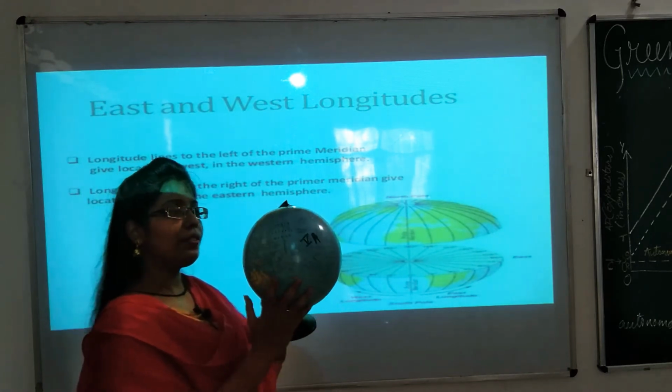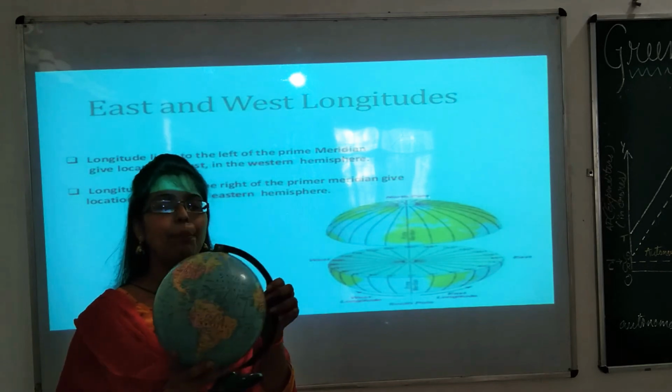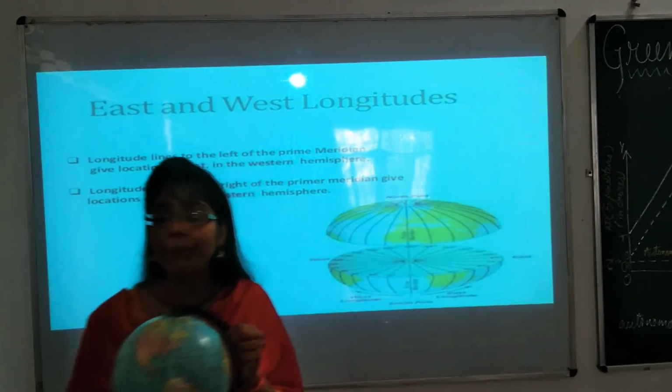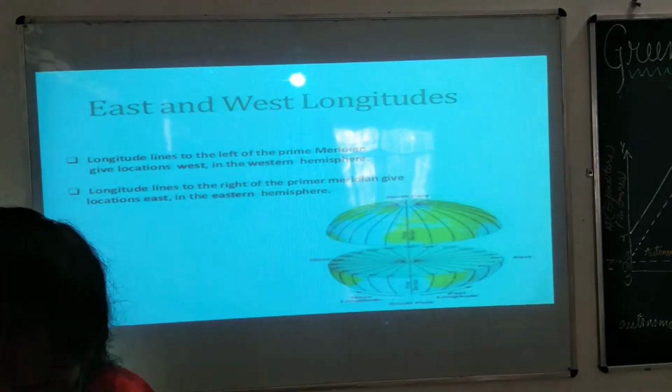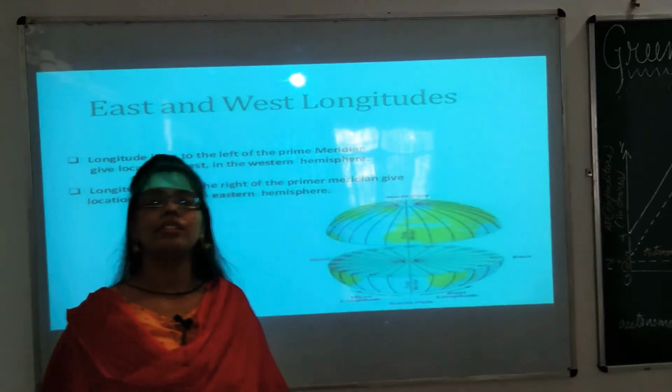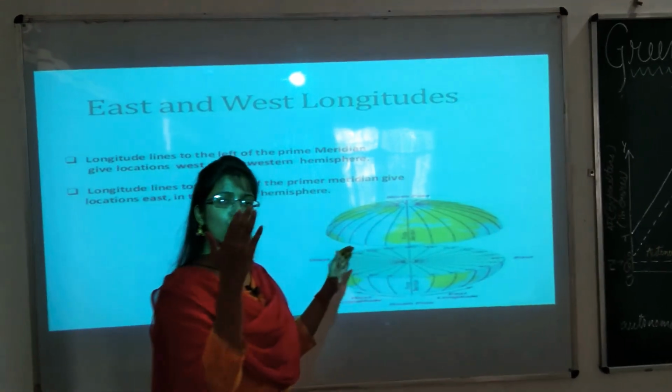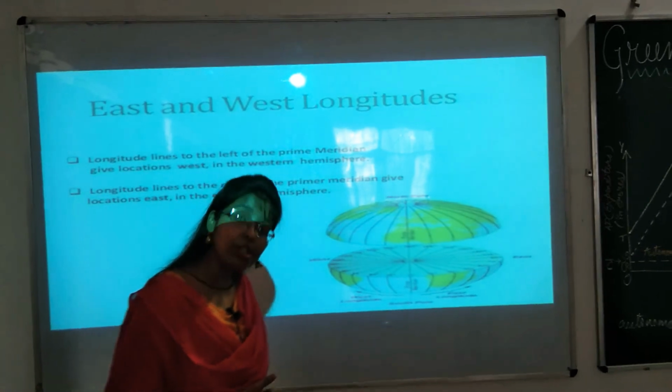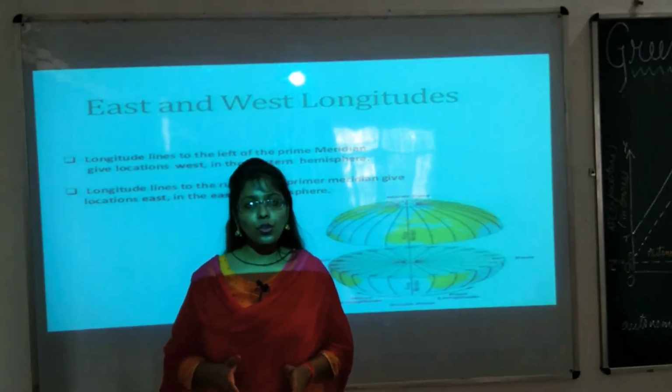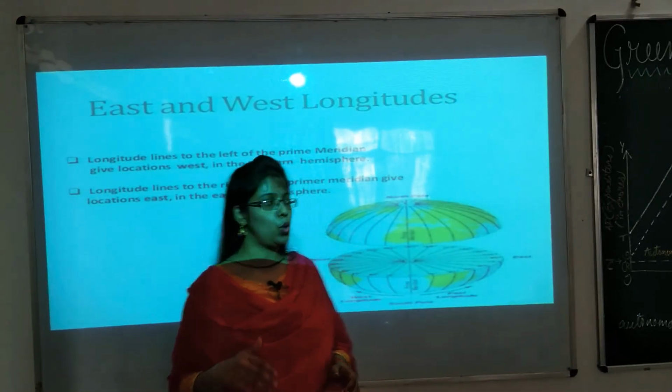As I have shown you here, there is a prime meridian, which is a longitude. It divides the earth into two hemispheres, western and eastern, and it passes from the north pole to the south pole.